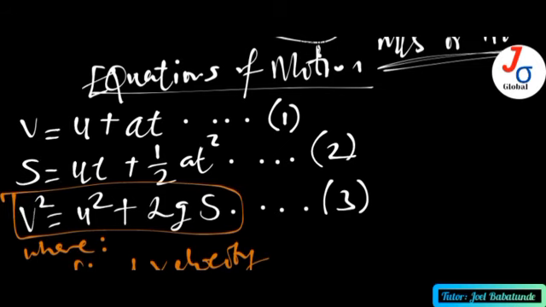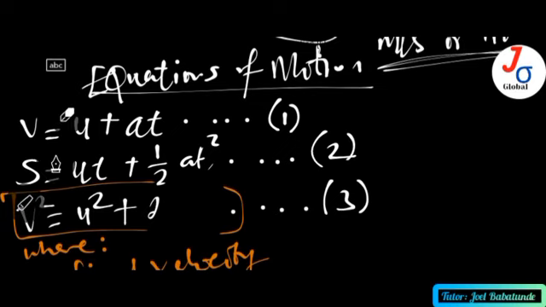Sorry, that was supposed to be A. Pardon me. So this is supposed to be 2AS. So that's final velocity squared equals initial velocity squared plus 2 times acceleration times distance covered. So that's it. We're going to be using these equations of motion to actually solve problems in our next videos. So watch out.